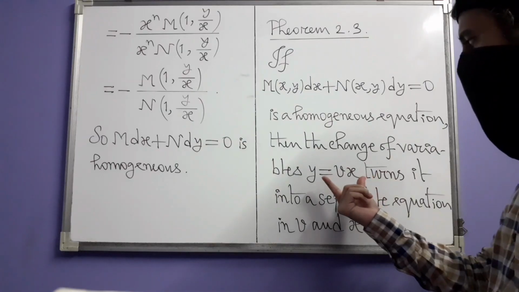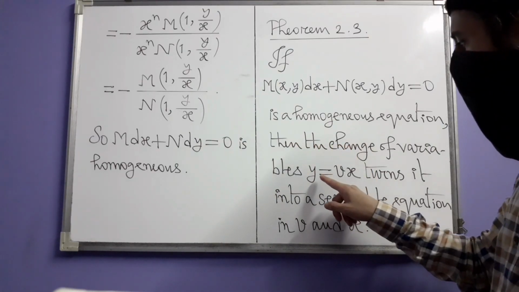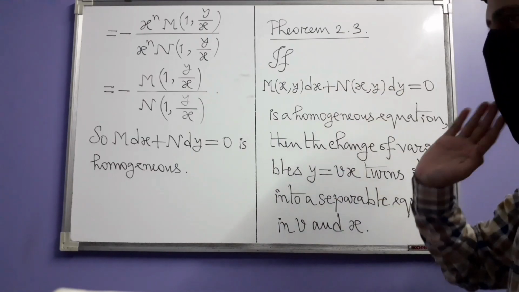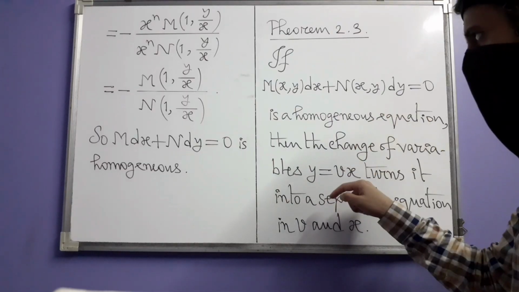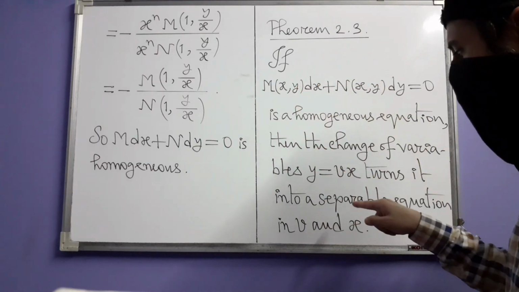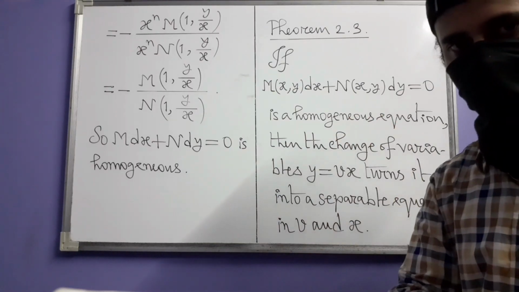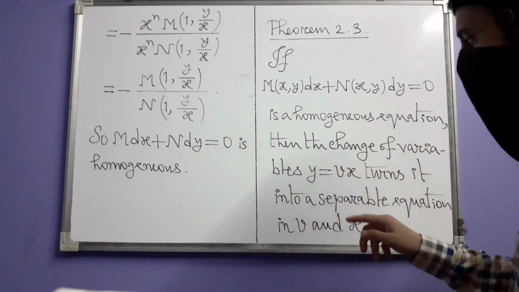Then you apply this change of variables to this equation: y equals vx. Y and x are our old variables, but v is a new variable. If you do this and transform the entire equation in terms of v and x, you get rid of y.